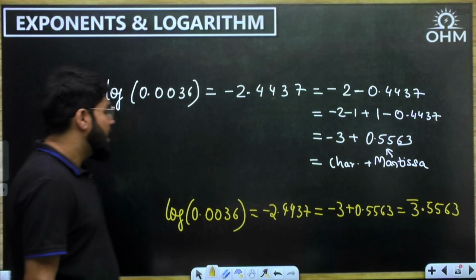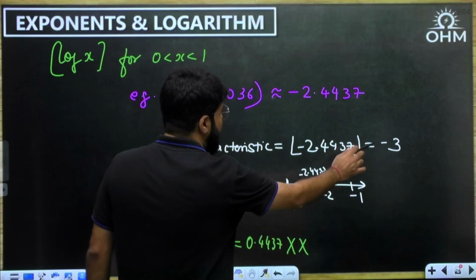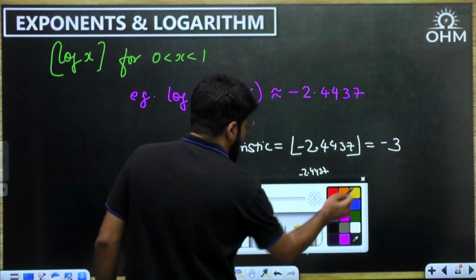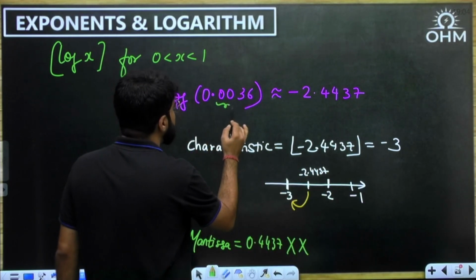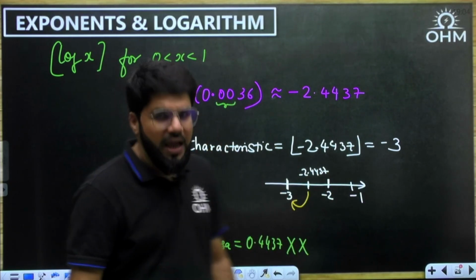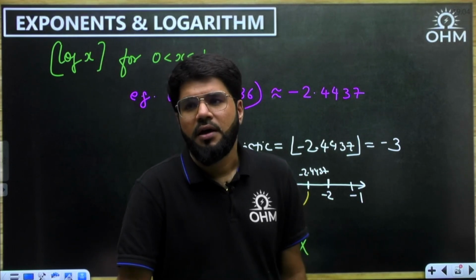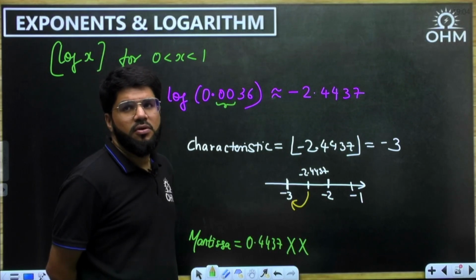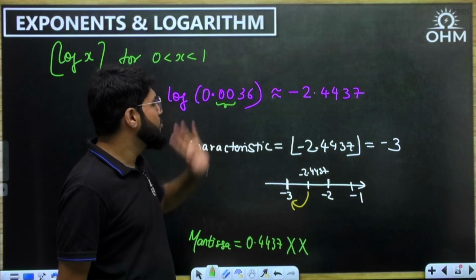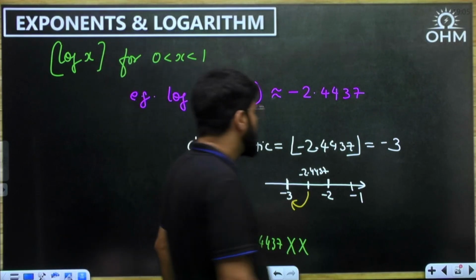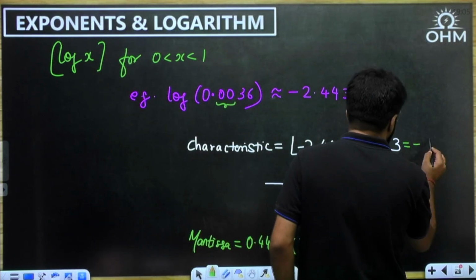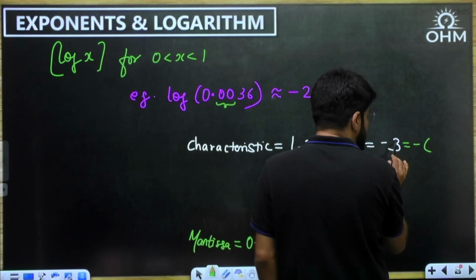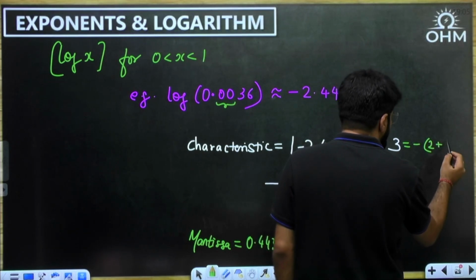Now, dear, one more important point. What is the characteristic? Minus 3. And look into the zeros after the decimal point. Immediately after the decimal point, how many zeros are there? The number of immediate zeros after the decimal point is 2. Your characteristic is minus 3; discard the minus, and the characteristic part is 3, which is 2 plus 1.